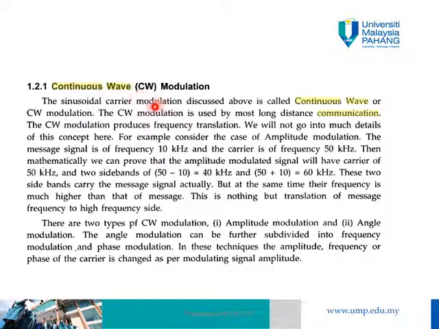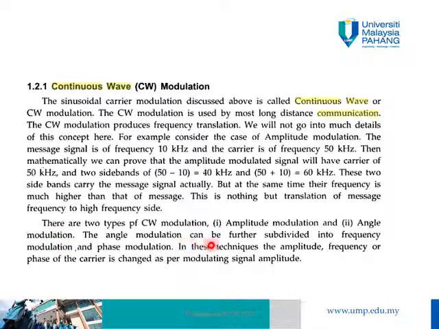Continuous wave modulation. Sinusoidal carrier modulation discussed above is called continuous wave or CW. CW modulation is used by most long distance communication. Okay, there are two types of CW modulation, which is amplitude modulation and angle modulation.